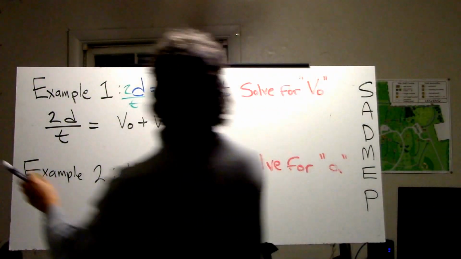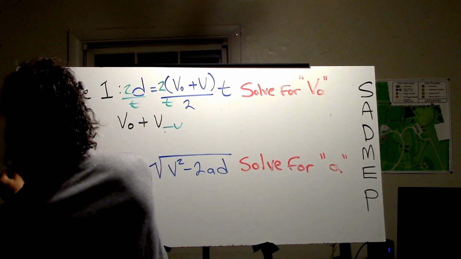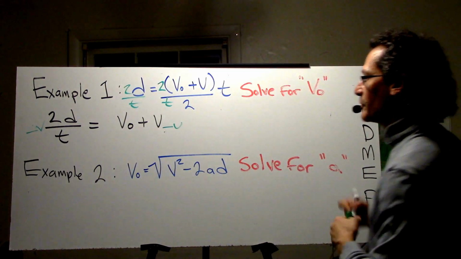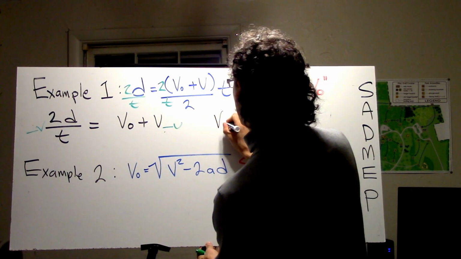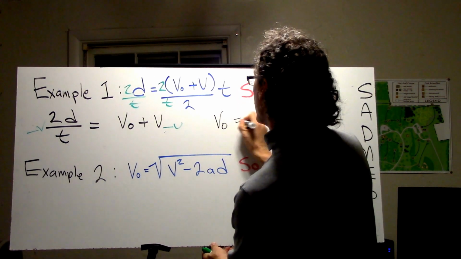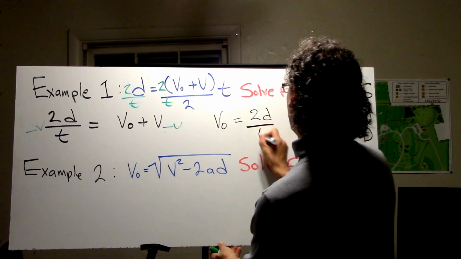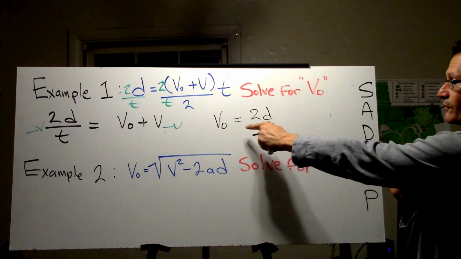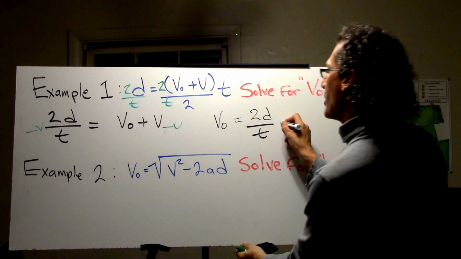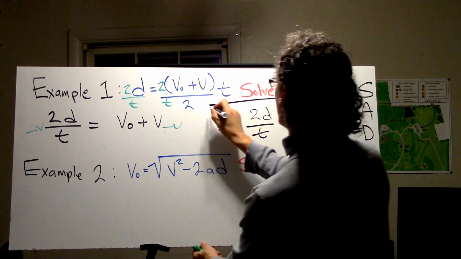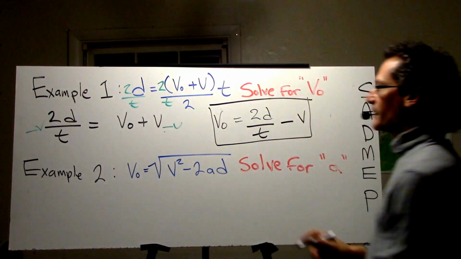So we have minus v over here. And so our final expression becomes v0 equals 2d divided by t minus v. And there it is. We have isolated and solved for our variable v0.